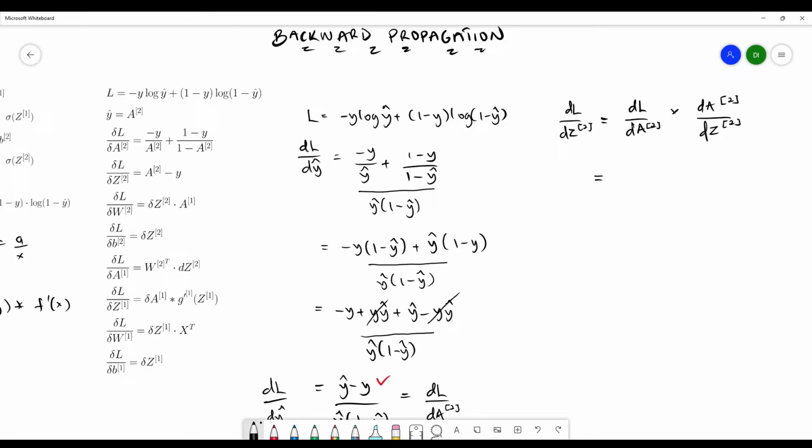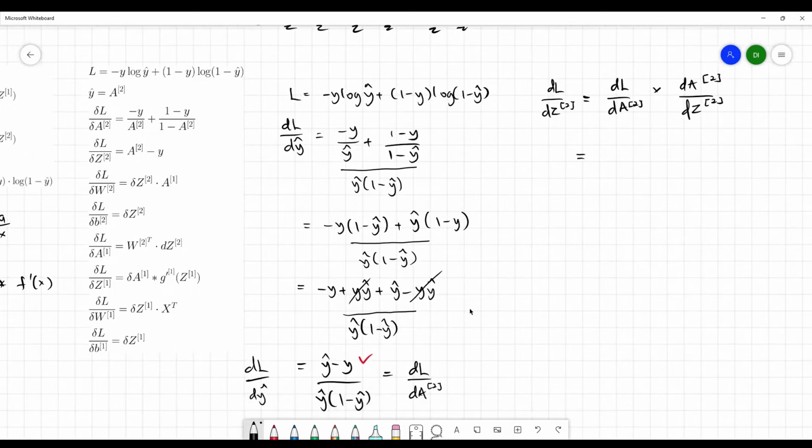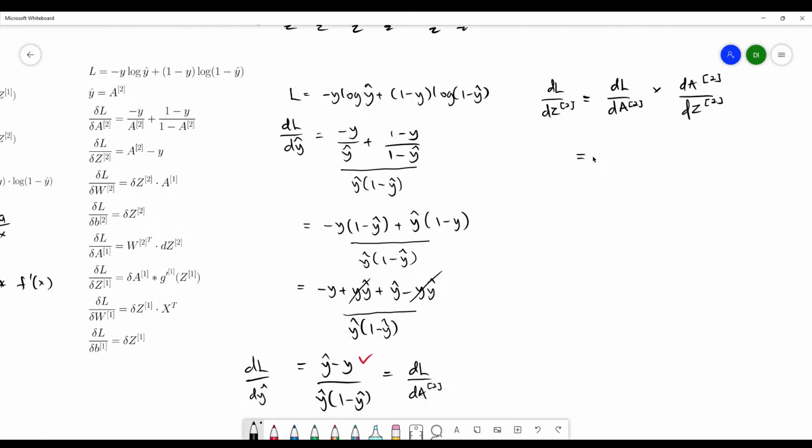And we have already worked out the outside function. It's y hat, they are interchangeable. Y hat minus y over y hat times 1 minus y hat, multiplied by, now, the derivative here.